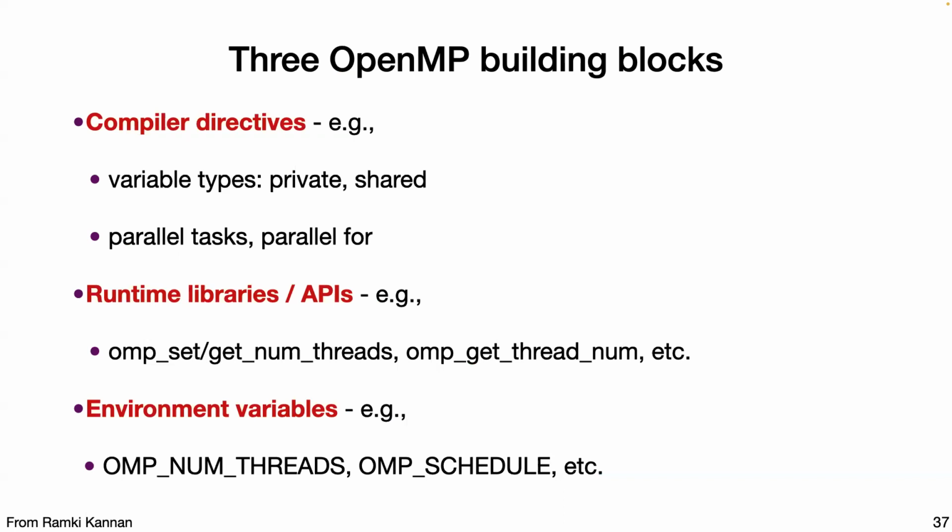So you can query what thread number you are, and how many threads are currently running. And there are environment variables, which are not set in the code, but at the terminal level. So you can set the number of threads that you want to run. You can also set the schedule, which is how you allocate the work across the tasks.